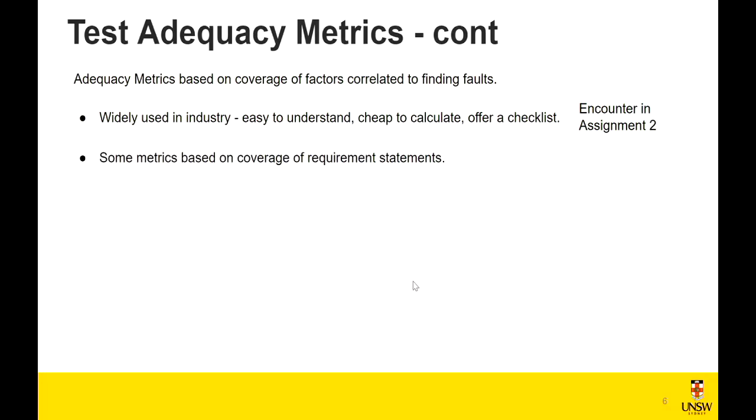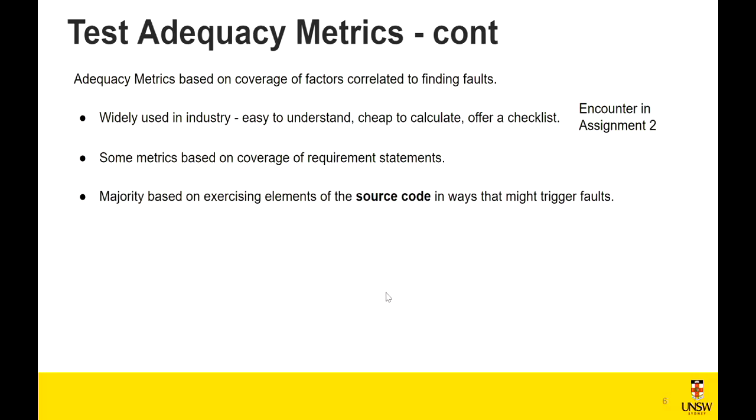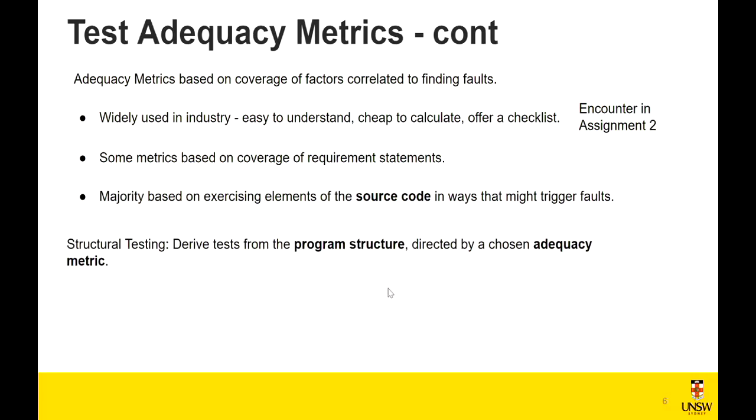So let's continue. Some of the metrics could be derived from the requirement specifications, but the majority of the metrics actually come from the source code of the target program. And that leads to structural testing.